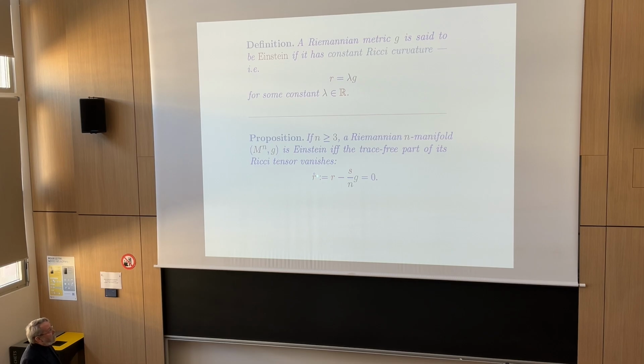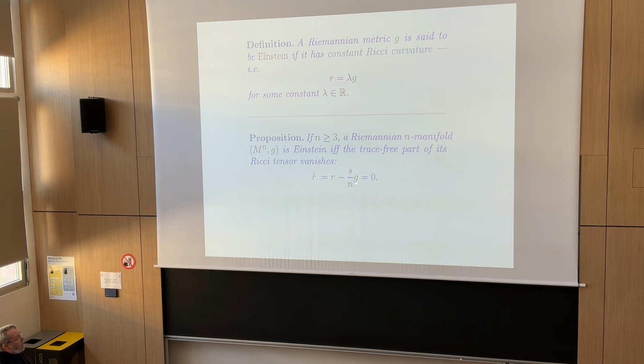But if you were merely to say the trace-free Ricci tensor vanishes, a priori what that is saying is that the Ricci tensor is some function times the metric. However, if your dimension is not 2, if you're in at least dimension 3, it turns out that the condition that the trace-free Ricci tensor vanishes is the same as saying that you have an Einstein metric.